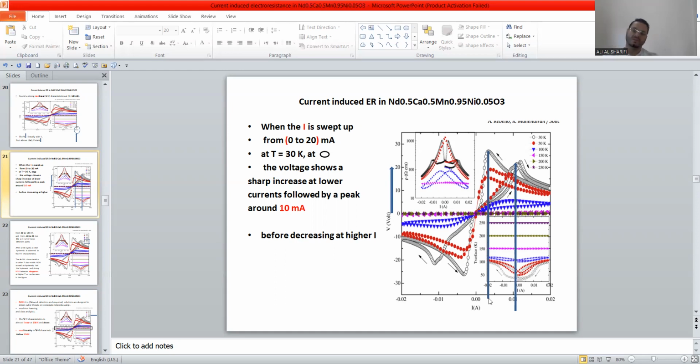That means the voltage will increase with low current and decrease with high current.